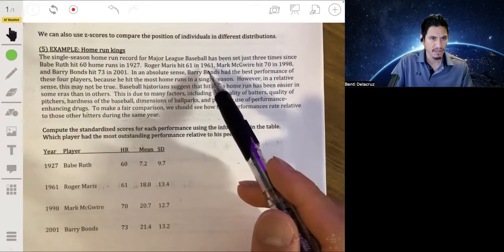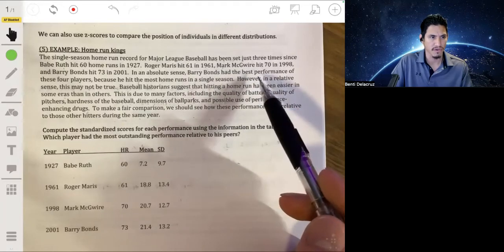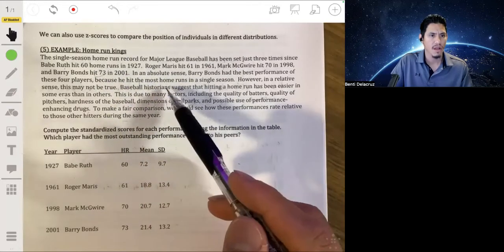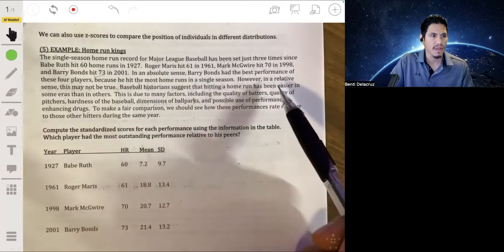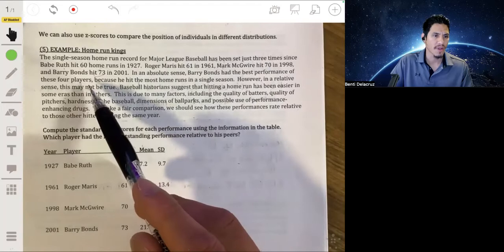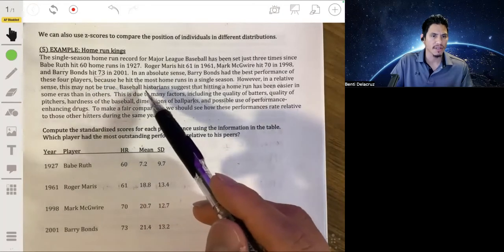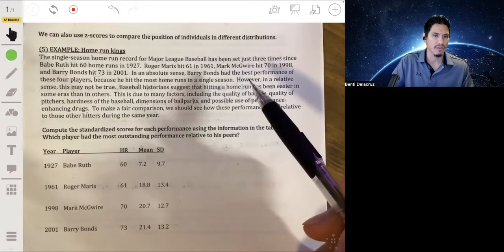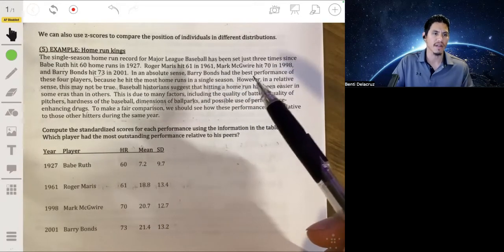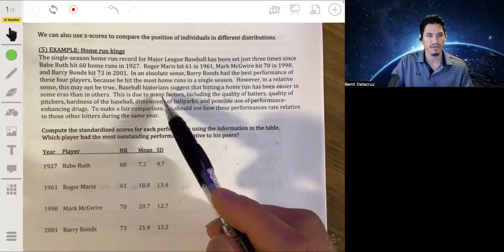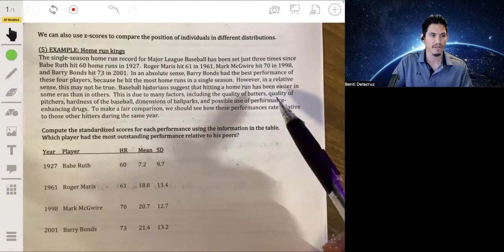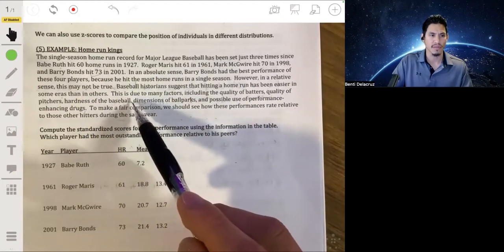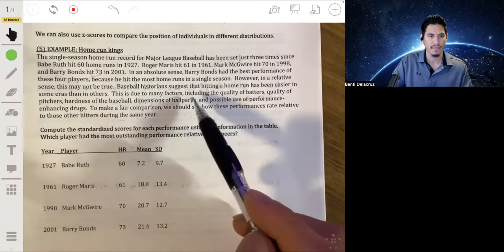So in the absolute sense, Barry Bonds had the best performance of the 4 players, because he had the highest number. But in a relative sense, this may not be true, because in different time periods, we can argue that hitting a home run was easier or harder than in other time periods. This is due to factors like the quality of the batters, the quality of the pitchers, the material of the baseball, and the dimensions of the ballpark.